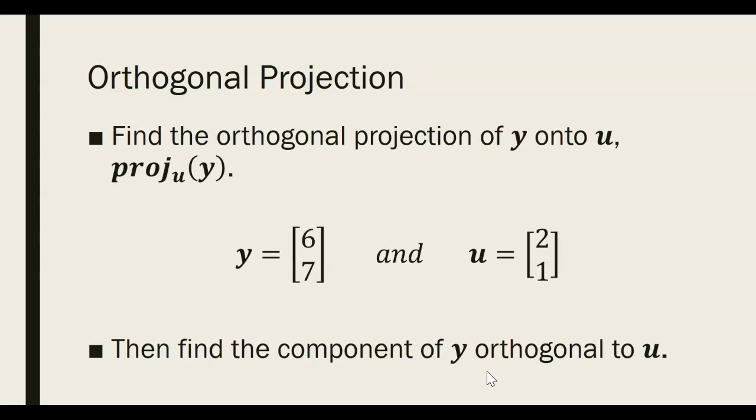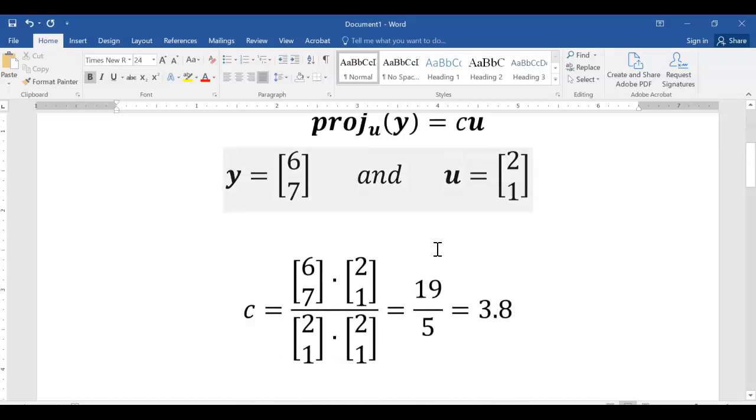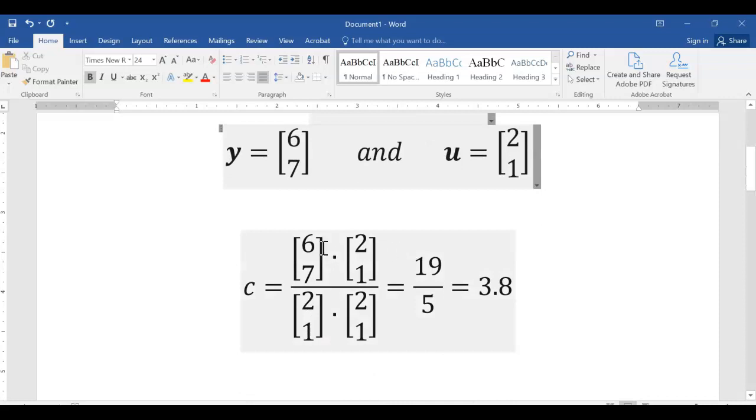Right, so here we go. Let's do the calculations. Again, we're projecting y onto u. That projection is going to be a coefficient times u. The way I find that coefficient is by using inner products. So I'm going to take 6, 7 inner product with 2, 1.